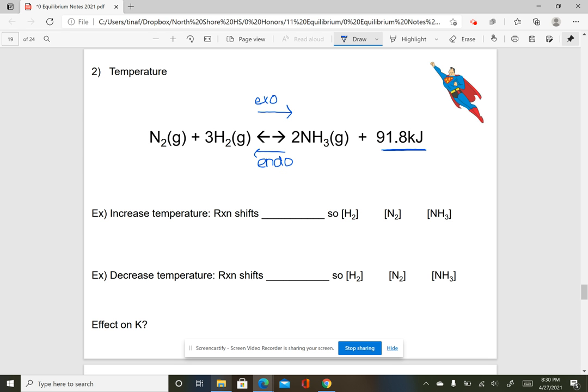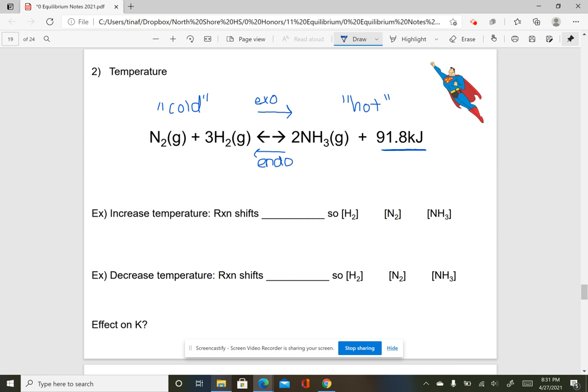If it's an exothermic reaction, that means that the chemicals are releasing heat to the surroundings and to the environment. So us holding that test tube, we would feel heat. So whatever side energy is on, that's your hot side of the equation. And whatever side energy is not on is your cold side of the equation. Okay, labeling this is going to help you make sense of it when we get a stress.